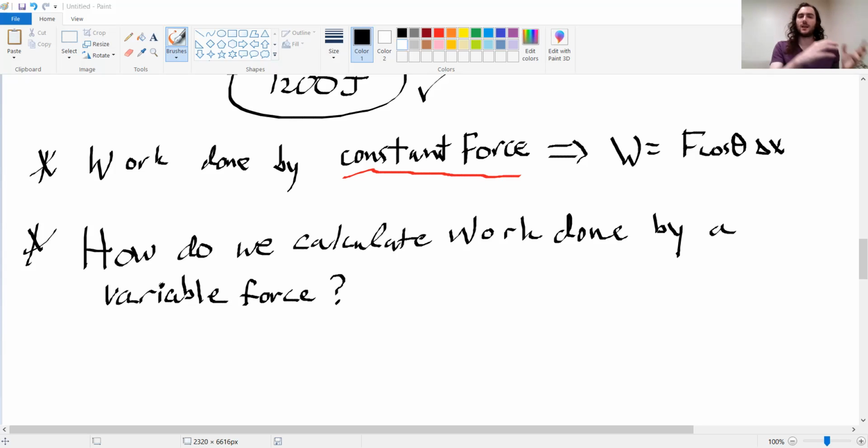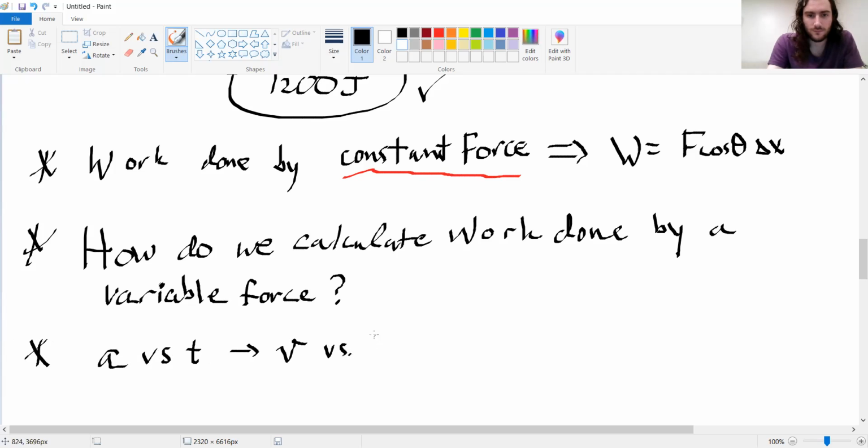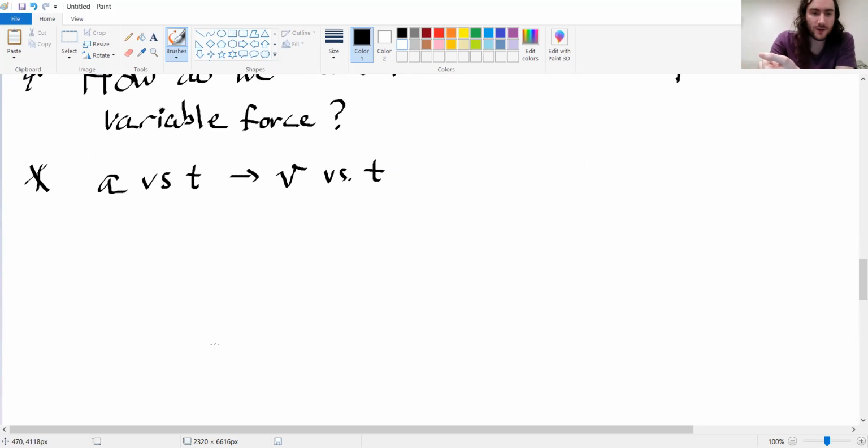So how did we go from acceleration to velocity? So Kevin says, I think we got the area under the curve. Good, that's exactly what we did. And that's exactly what we're going to do when we have a variable force. How do we understand that?